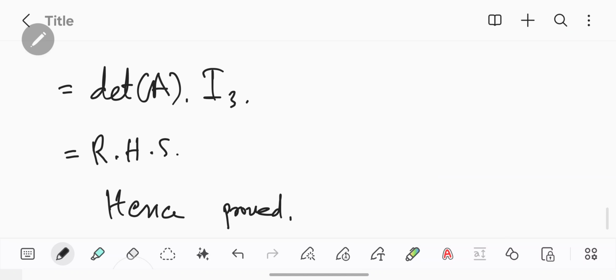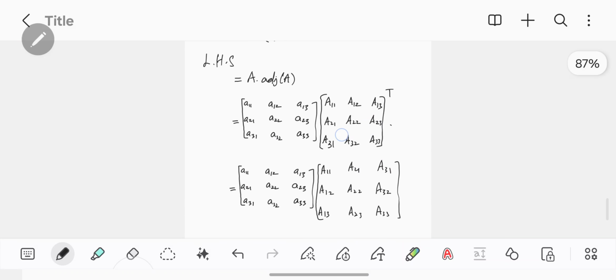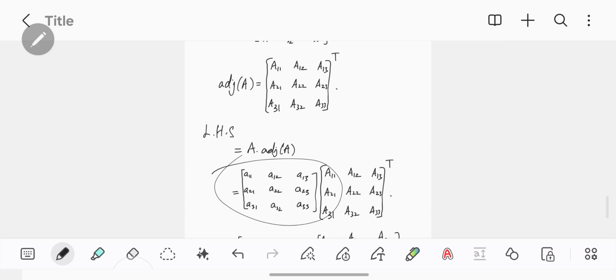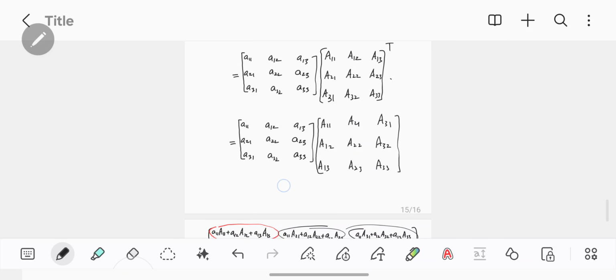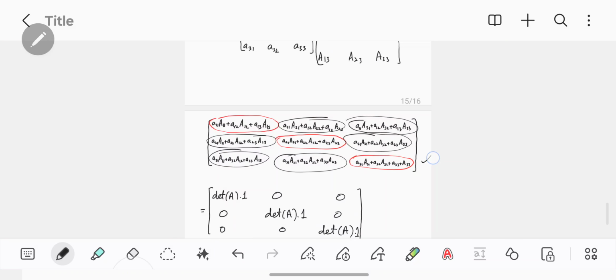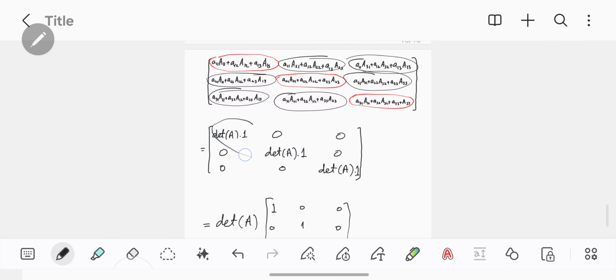Since this is proved for a 3 by 3 matrix, using the same argument but with more calculations, we can write a bigger matrix for 4 by 4, 5 by 5, 10 by 10. We can use similar kinds of calculations and we will get a similar bigger matrix. At the end, we will get the determinant in the diagonal entries and 0 in the off diagonal entries.